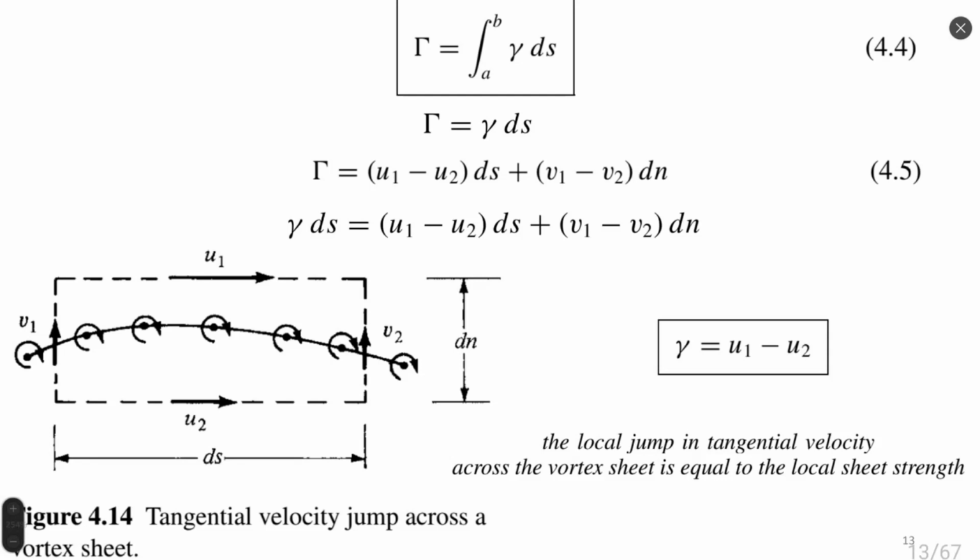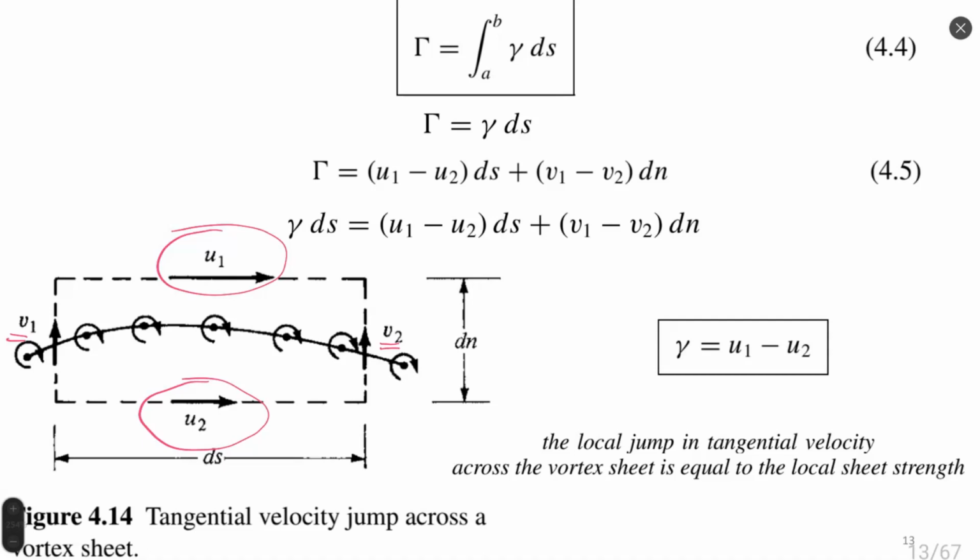Two velocities are different: U1 on the top of the control volume and U2 on the bottom of the control volume. And we have two velocities which are constant. V1 and V2 are constant. There is no influence on V1 and V2 because the vortex is long in the horizontal direction and has a very tiny space in the vertical direction, so it does not disturb in the vertical direction, it just changes the horizontal component of velocity.